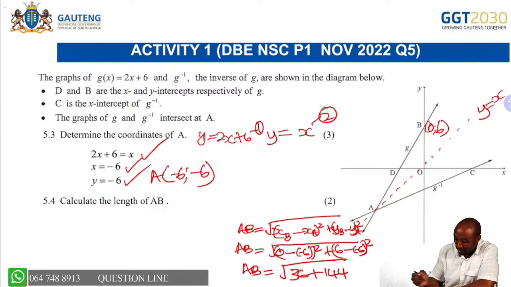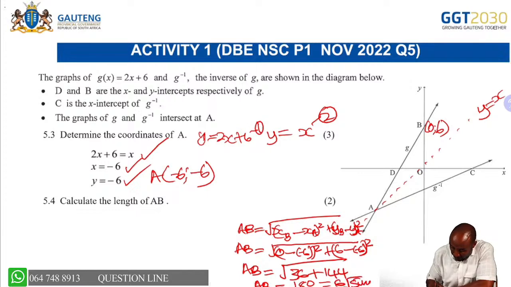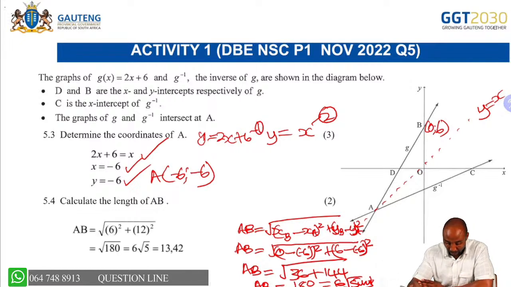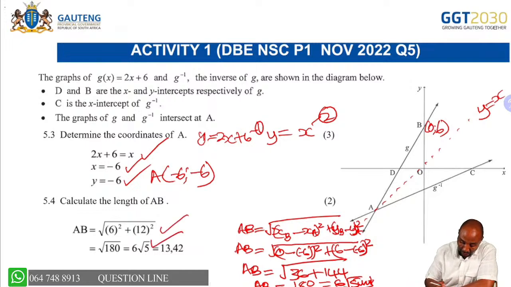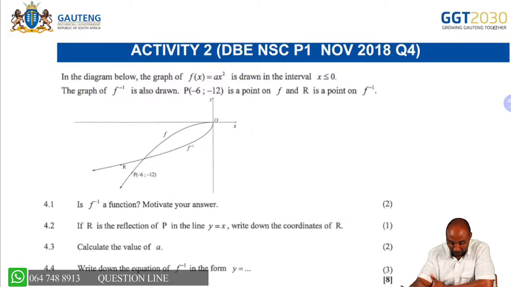But you are using your calculator, and then you will get AB is the square root of 180 in surd form. This is going to be 6 root 5 units. We get our full marks there. So substitution, answer. Now we move on to activity 2.